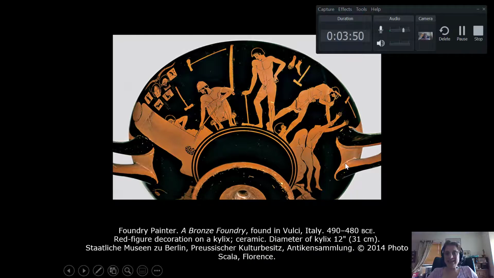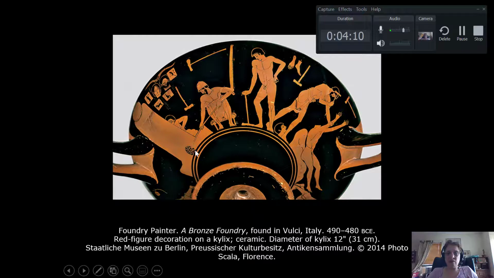Here are the two handles. Now, if you look at it at first and you don't understand what's going on, it looks quite morbid. This guy is hitting this decapitated figure, and the head is over here, and it looks pretty gruesome. But that's not what's going on.